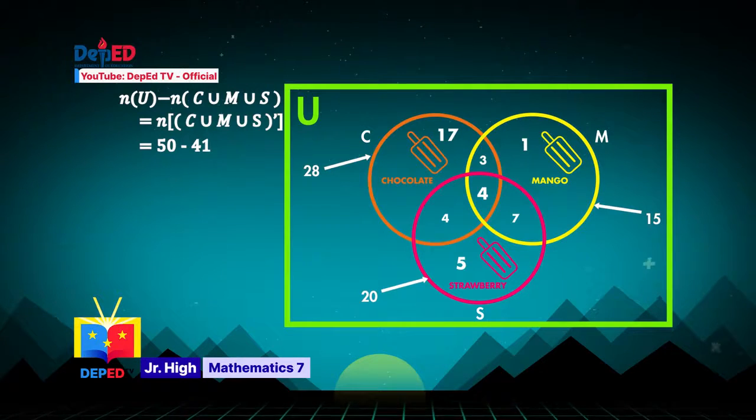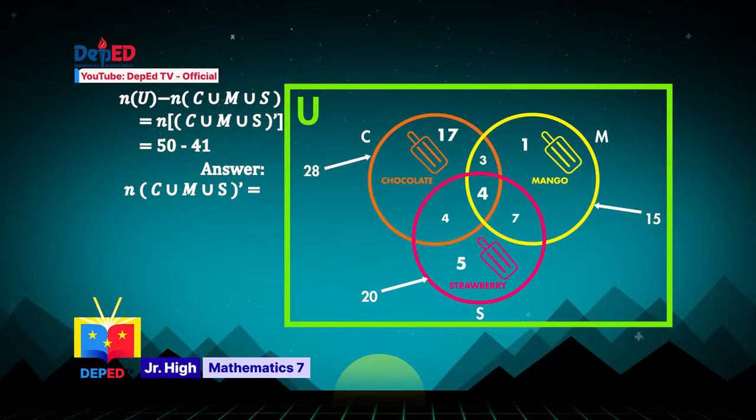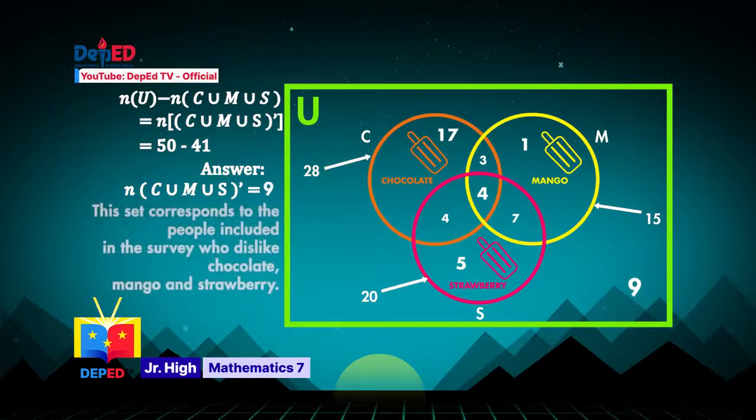Correct! We get the complement of the union of sets C, M, and S. And the answer to that is 9. This number of people represents those respondents who dislike all 3 flavors.